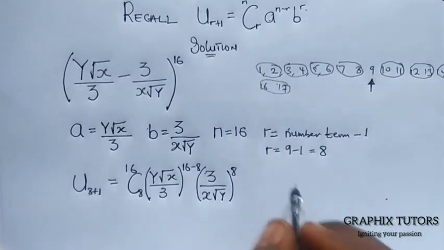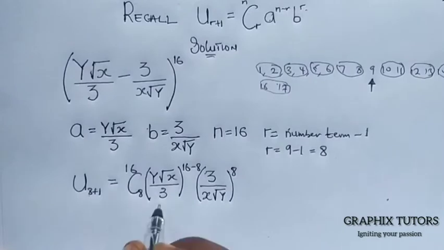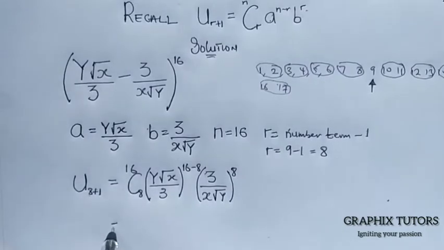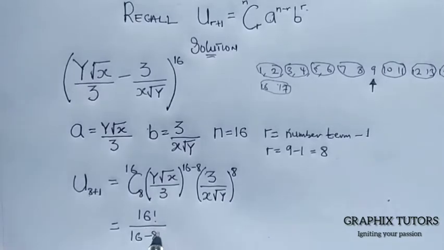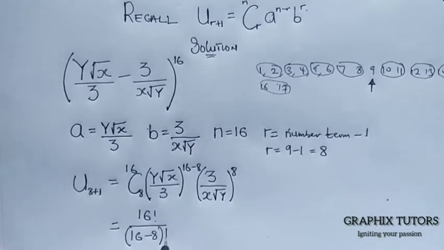Now from here, we move forward. From the formula of combination, it means the top factorial all over the top minus the bottom factorial, right?